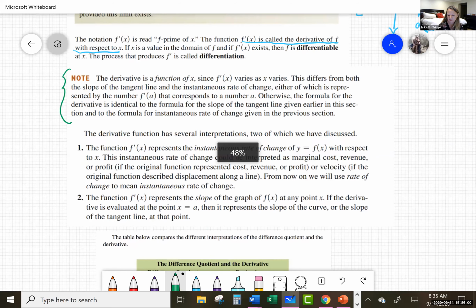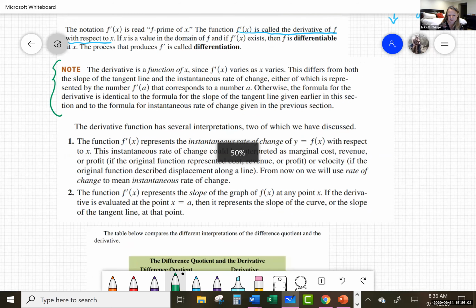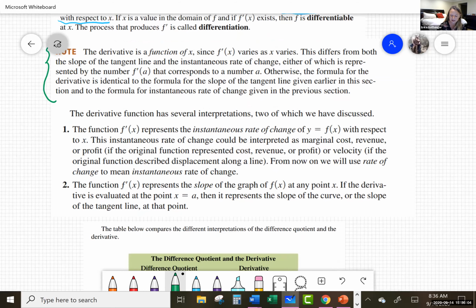Okay, so the derivative has several interpretations, two of which we've already discussed in that last section. So the derivative f prime of x represents the instantaneous rate of change of y equals f of x with respect to x.